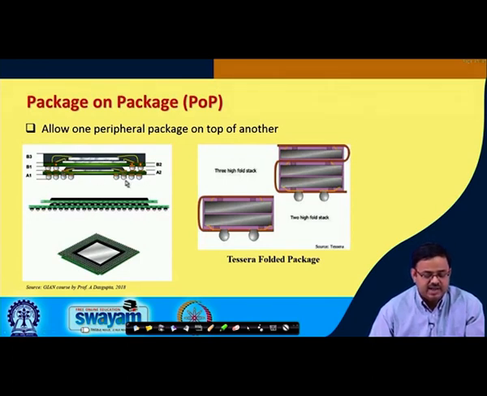And that substrate has its own solder balls or solder bumps at the bottom, which is going to get connected on the motherboard. The one at the top, you can see that package and substrate also has its solder balls, but those are actually connected on solder bumps, okay, on the periphery of the first package. All right.